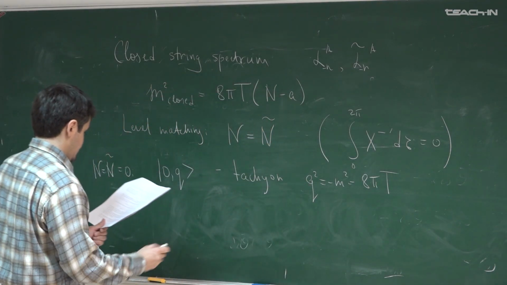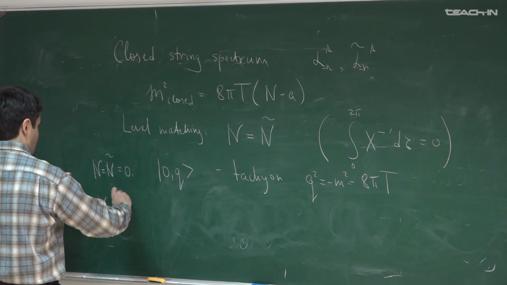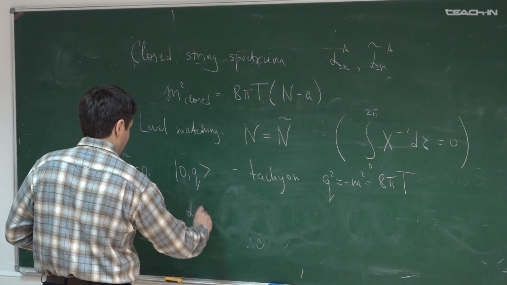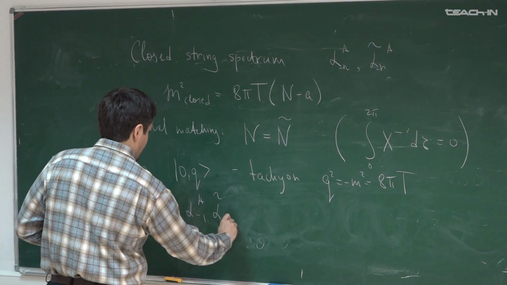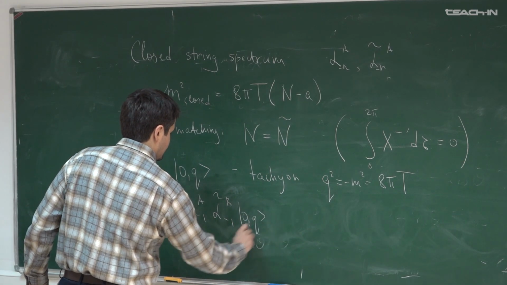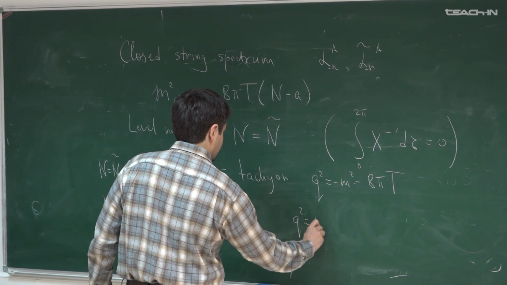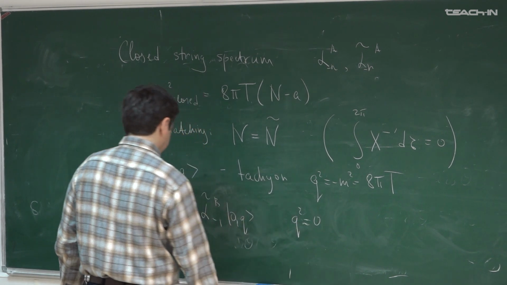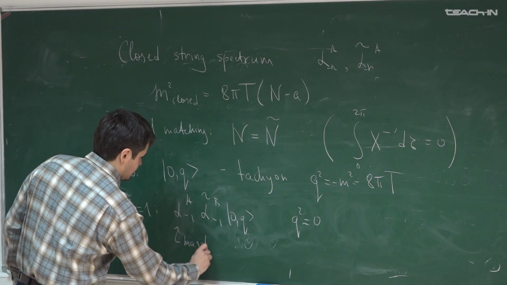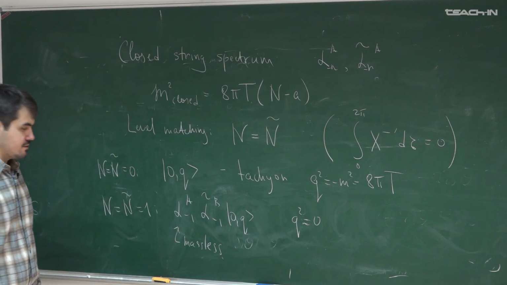And then one has the level 1 states. So here q squared is 0. So these are massless states, and as we discussed, they describe some generalized gravity multiplet.